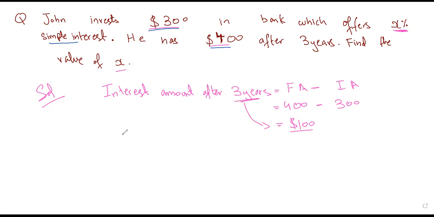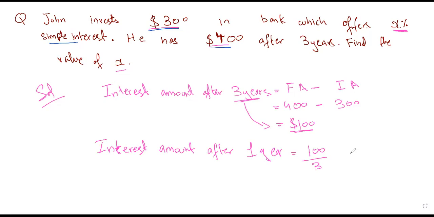In order to find the interest percentage, we need to find the interest amount after 1 year. So how do we do that? If it is $100 for 3 years, it would be 100 divided by 3, right?